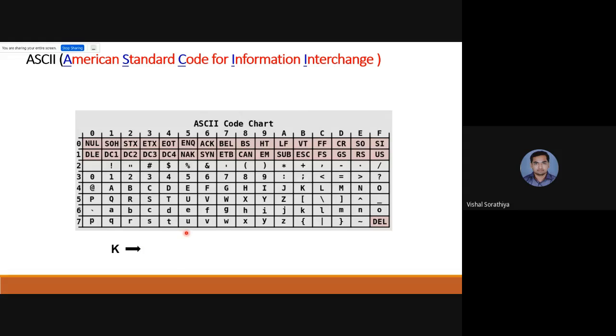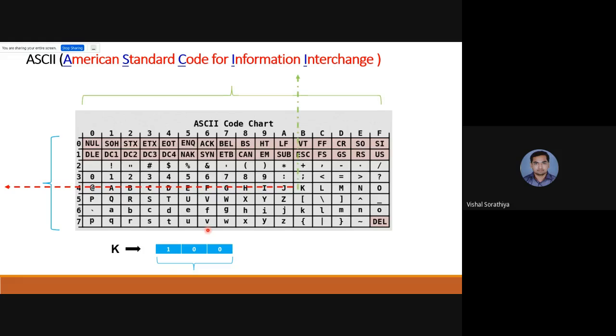So this is a K. Whenever we have the K, what is the possible hex code for it? We need to see which row it represents. It represents row number 4, which means that digit is 0100.